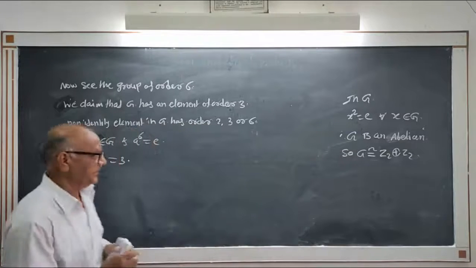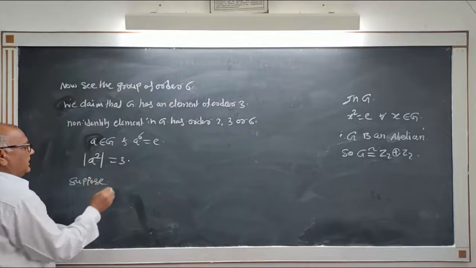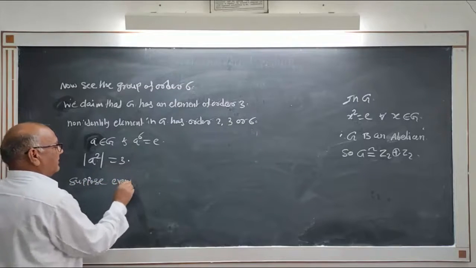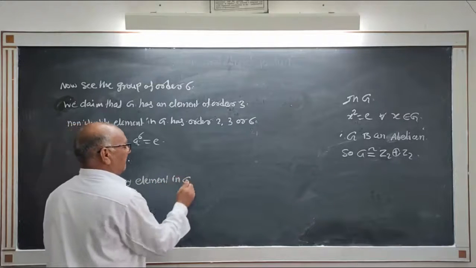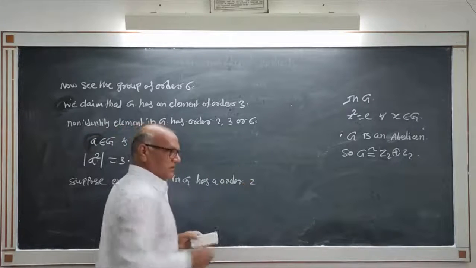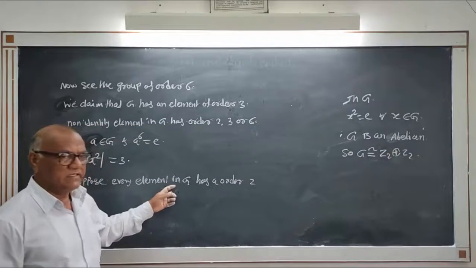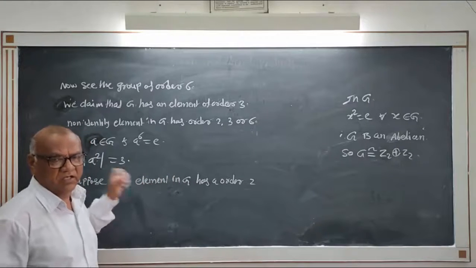Suppose every element in G has order 2, which means there is no element of order 3.